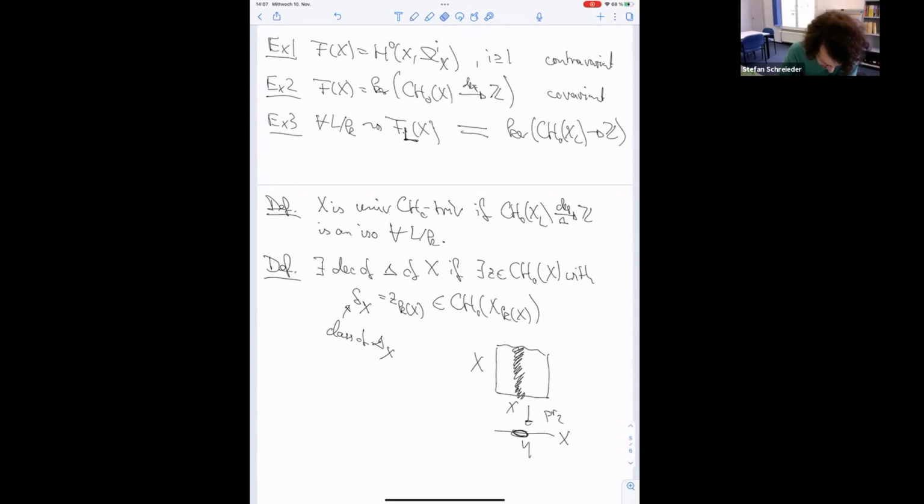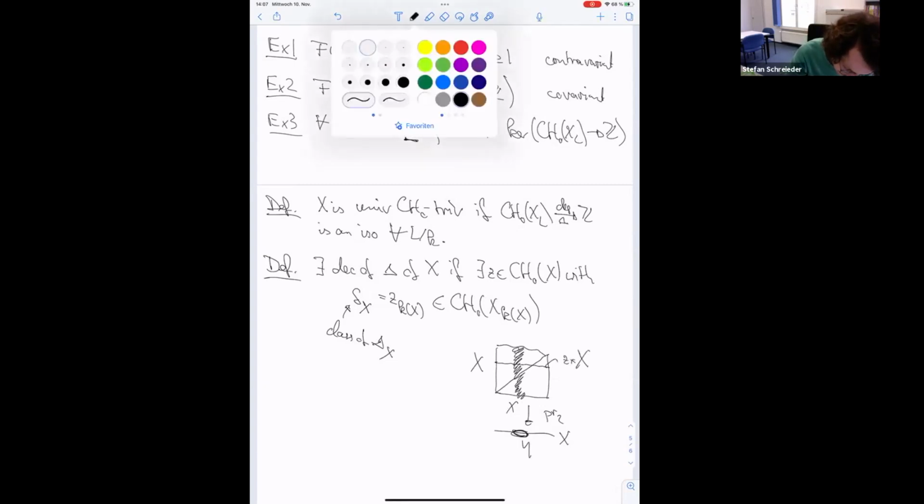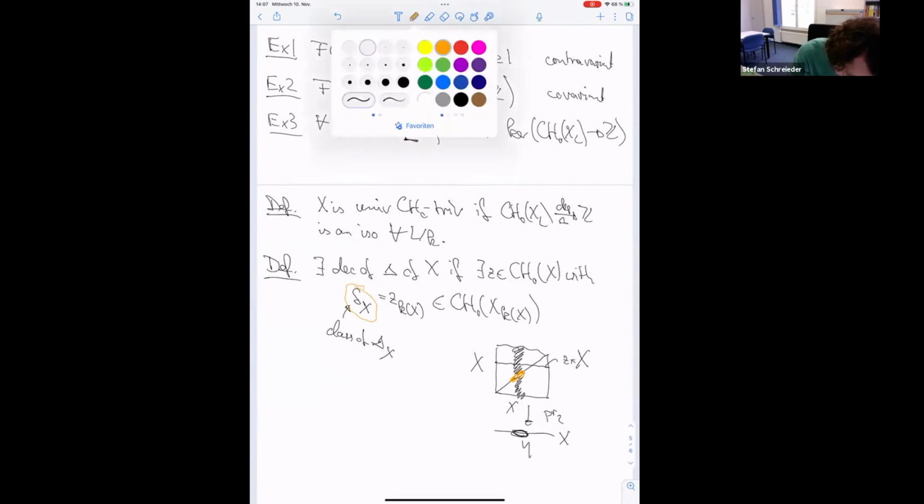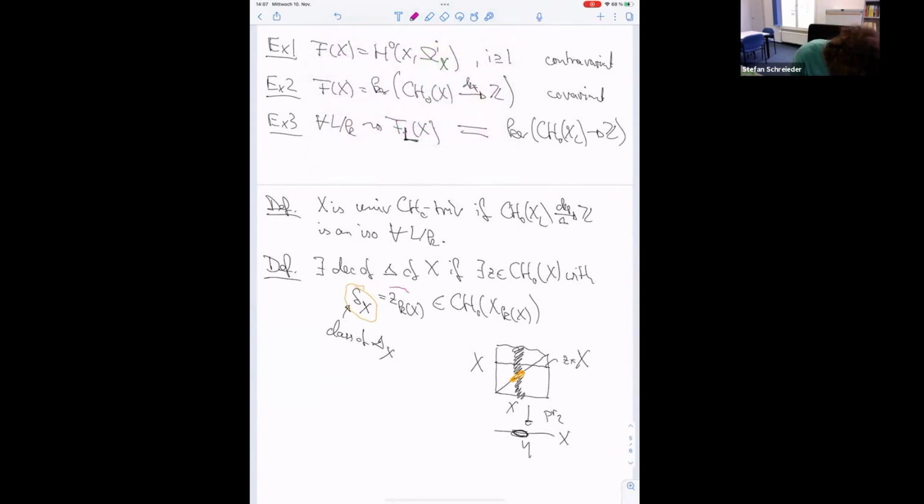And on X times X, there are two cycles. So there's a diagonal and a section given by Z times X. And now this diagonal class is this cycle. And this class is that cycle.